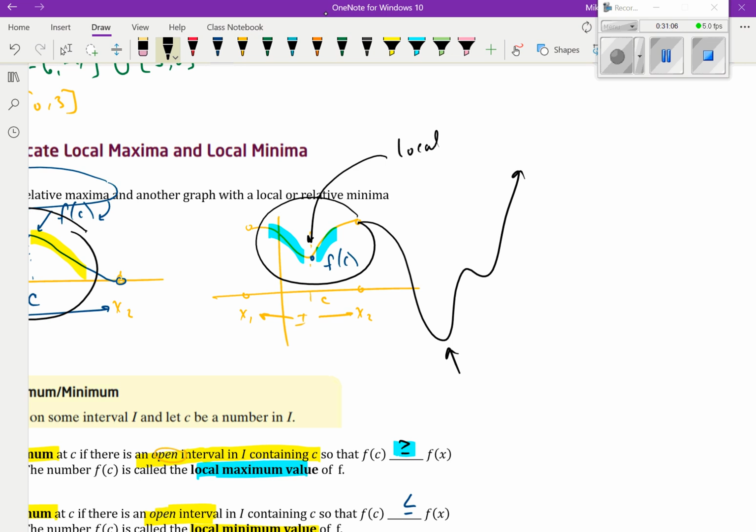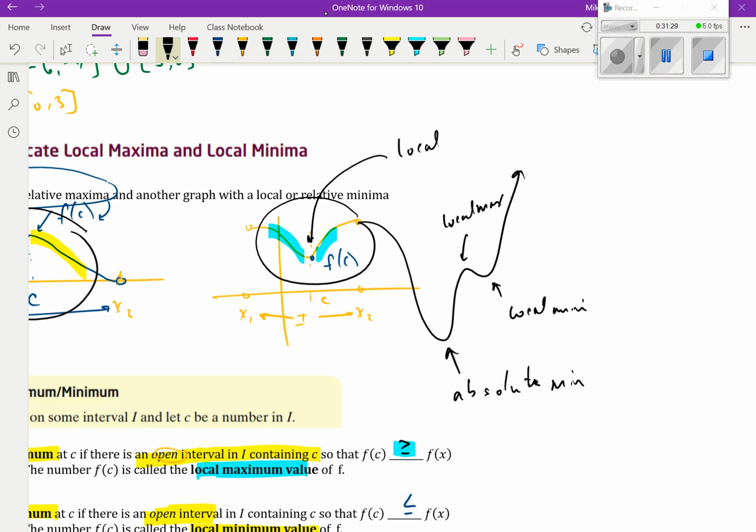So I was going down, then I'm going up. This spot down over here, because it is the smallest overall, we call it an absolute. So this one would be an absolute minimum. This point here would be a local max. This point here would be a local min.